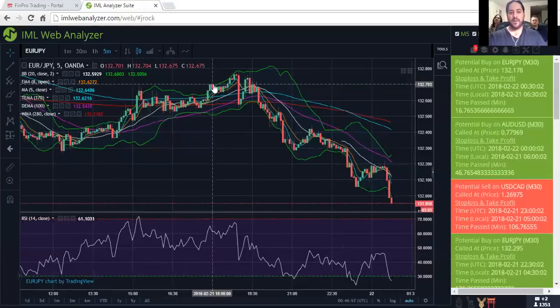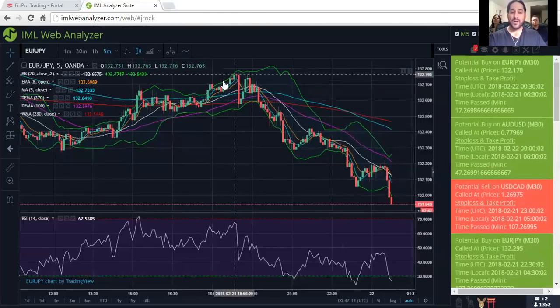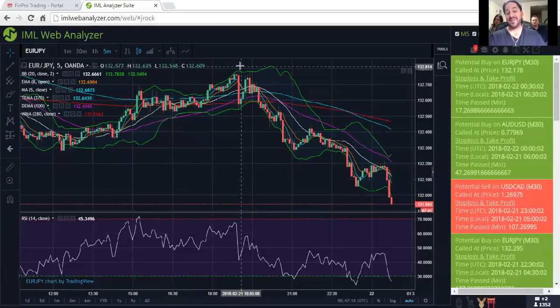Then if it goes against you again, sometimes I'll make a third entry, a double down again. So I have the first entry, a 0.01, the second entry, 20 points away, 0.02, and the third entry, 0.04. I only have my stop loss 10 points from that third entry, so I have a tight stop loss.